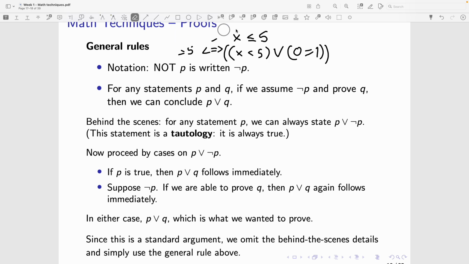And in case you aren't convinced yet, one other thing you could do, and this is a good general bit of advice that applies to any logical statement that you don't get, you can make a truth table.